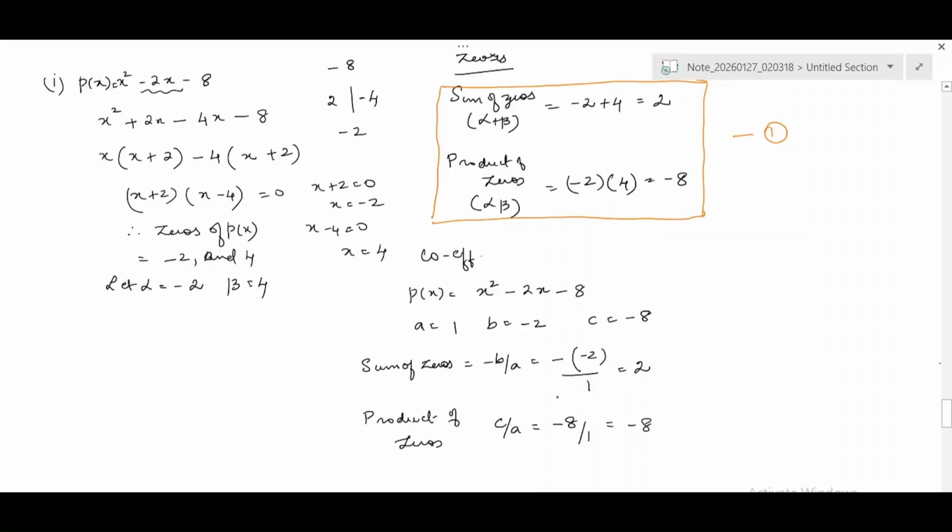So this is the second part. Now we have found out zeros. We have to prove the relationship between zeros and coefficients. Okay, for zeros we have found out the sum of zeros and product of zeros, and for coefficients also we have found out sum of zeros and product of zeros, from 1 and 2.